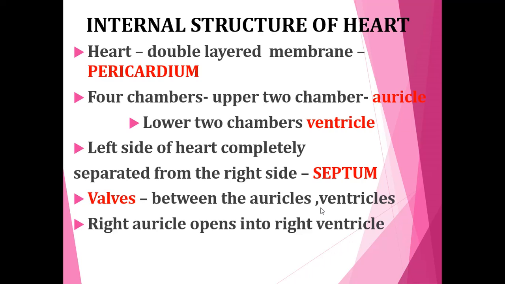The upper 2 chambers are called auricles, the lower 2 chambers are called ventricles. The left side of the heart is completely separated from the right side by the partition called septum, and there is a valve present between the auricles and ventricles. The right auricle opens into the right ventricle and the left auricle opens into the left ventricle.